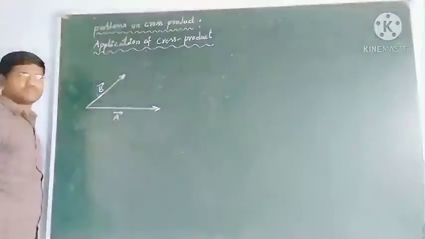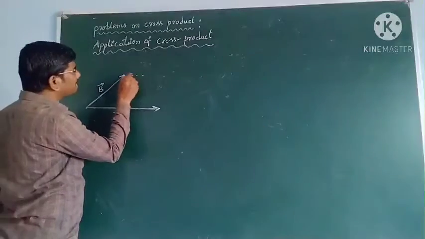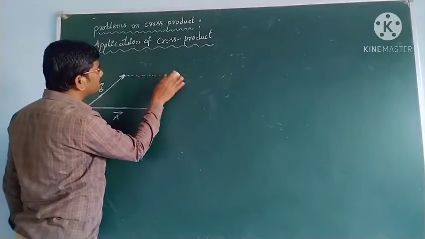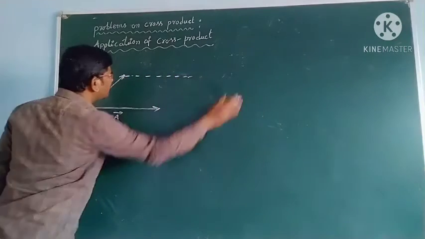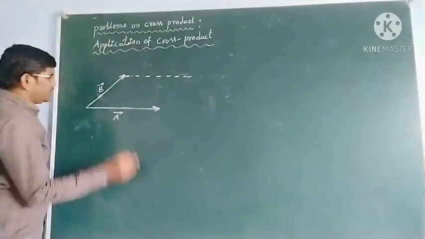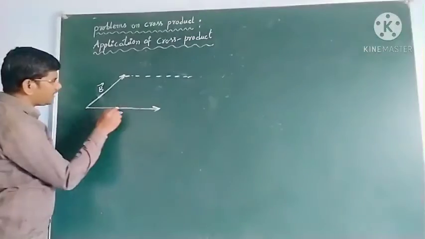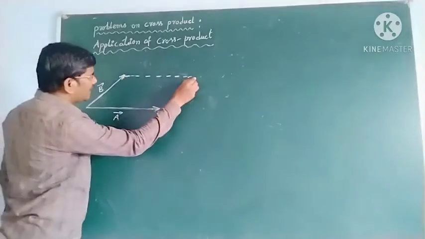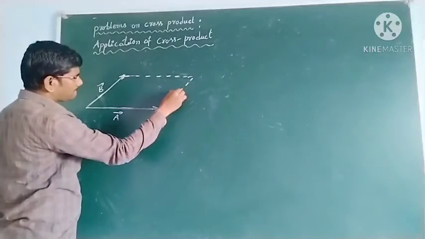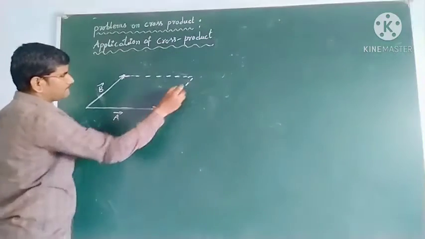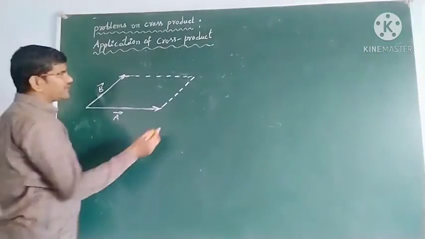Okay students, then what will happen, you see, if this is the A bar vector and the same magnitude I am taking and the same direction also I am taking, so fine, this is a B bar vector.